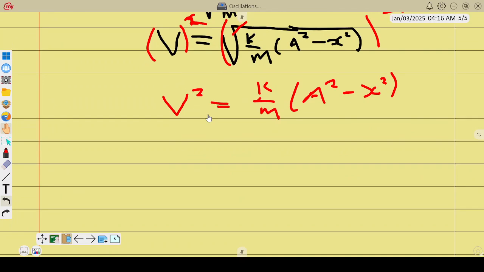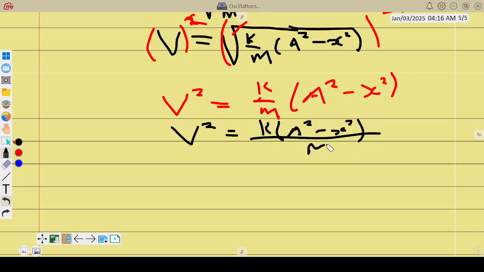If you want, you can substitute and simplify later, or you can make k the subject here. So v squared equals k times a squared minus x squared, over m.